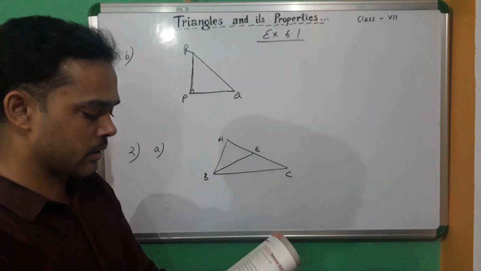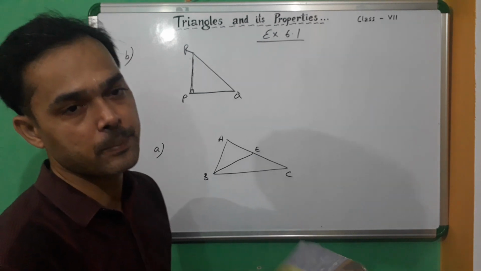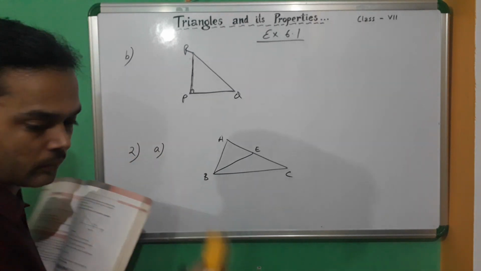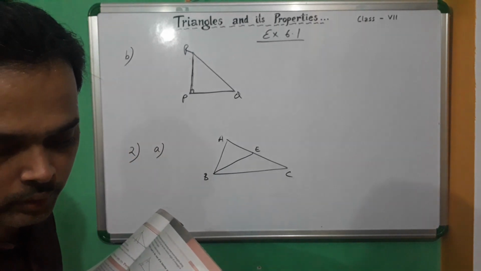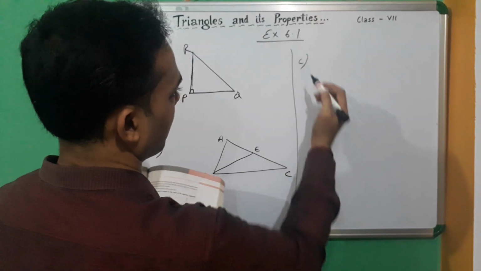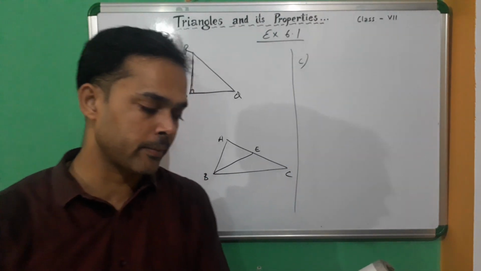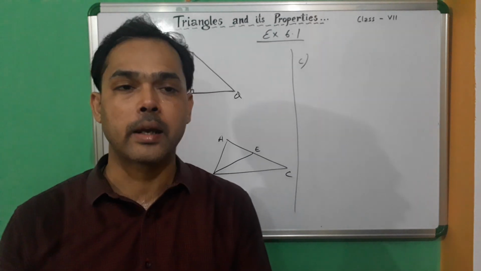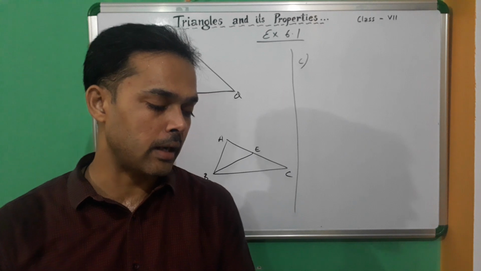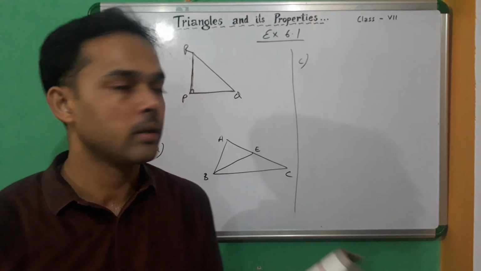Now let's see the C part. In C part, the question is telling, in triangle XYZ, YL is an altitude in the exterior of the triangle.